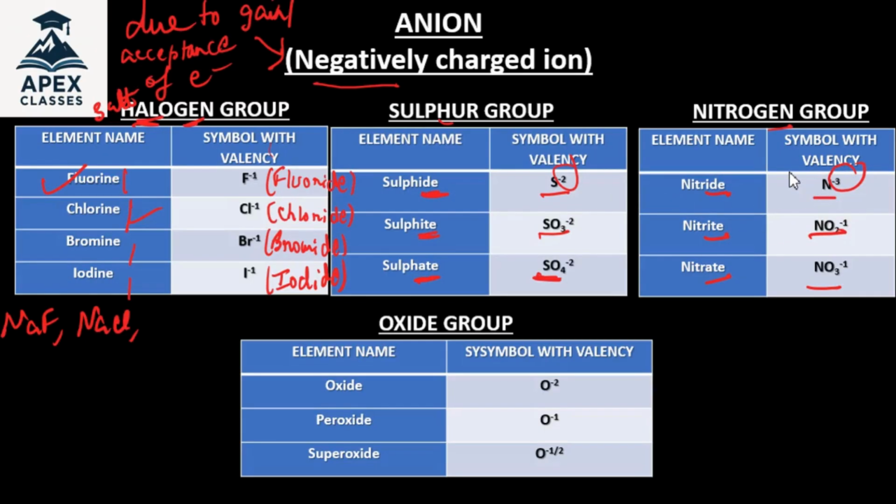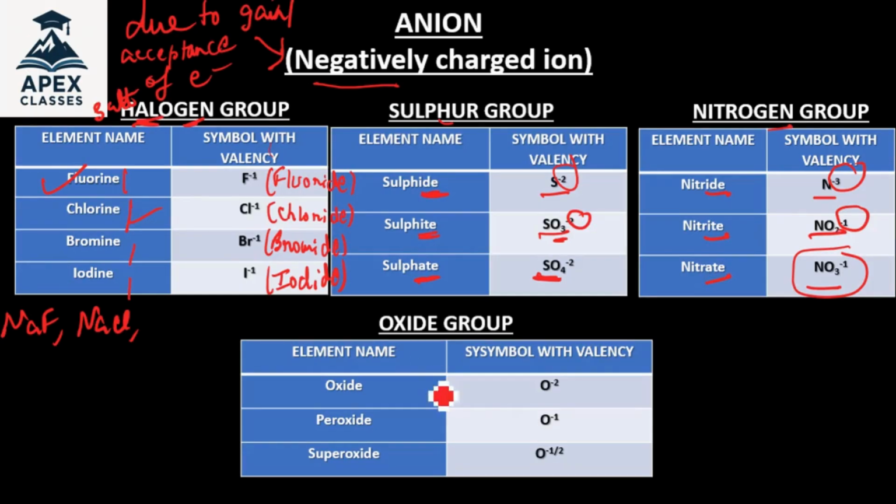Sulfite is SO3 with -2, but nitrite is NO2 with -1. Sulfate is SO4²⁻, nitrate is NO3⁻. Questions more or less come from this nitrate and sulfate part.